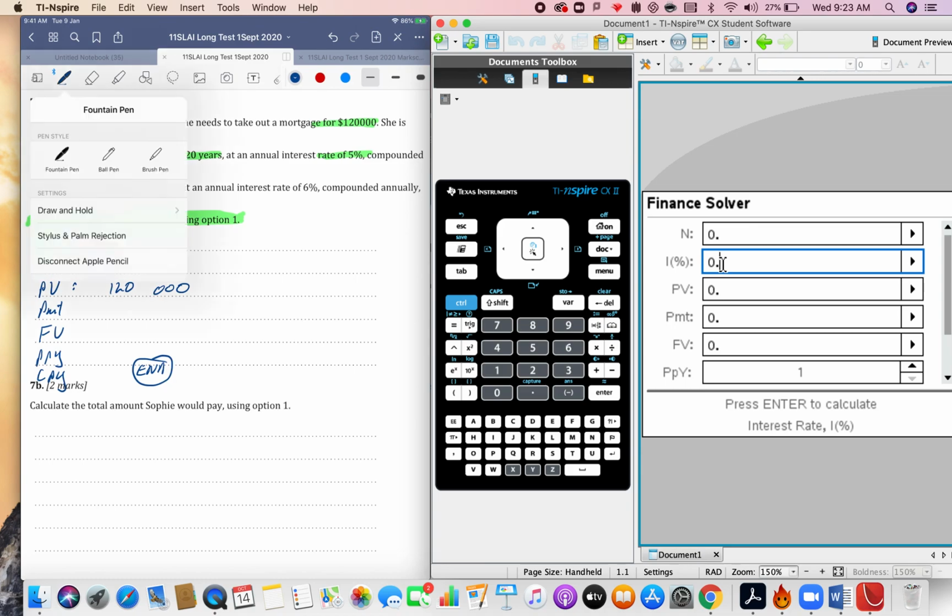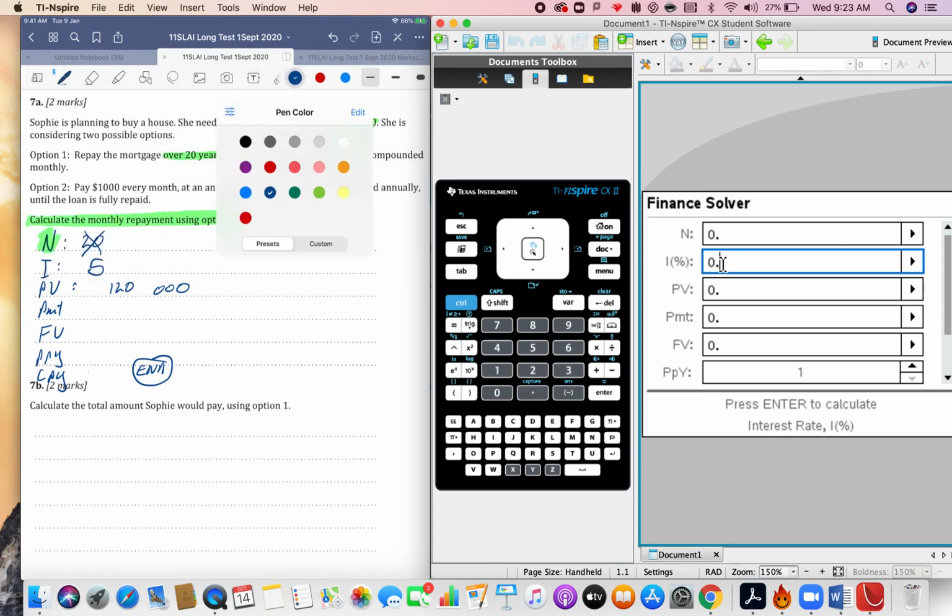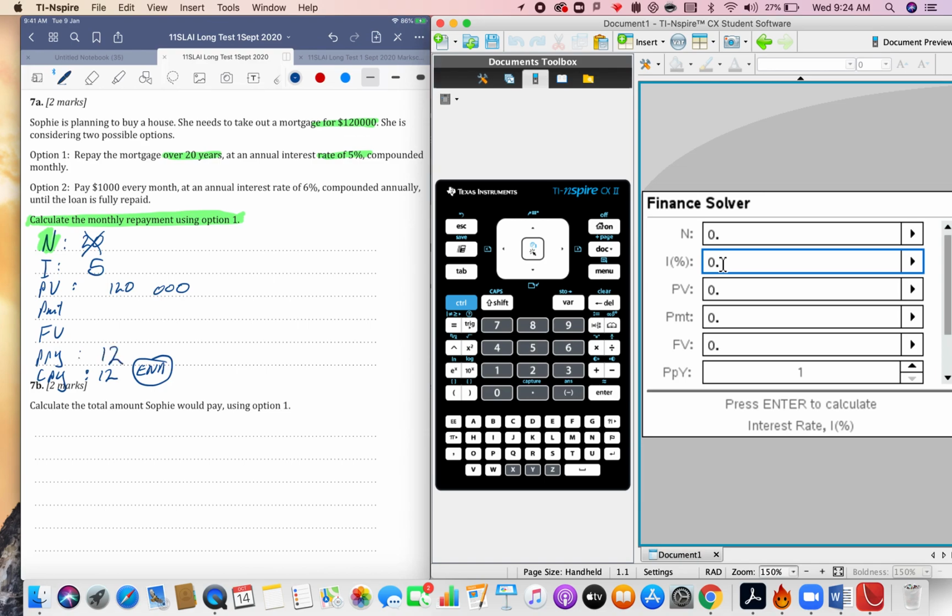So we've now got CPY is 12, because it's 12 compounding periods. If that's compounded monthly and she wants monthly repayments, then payments per year will also be 12. We've got 20 years times 12 payments per year. That's 240 payments, so N is 240.